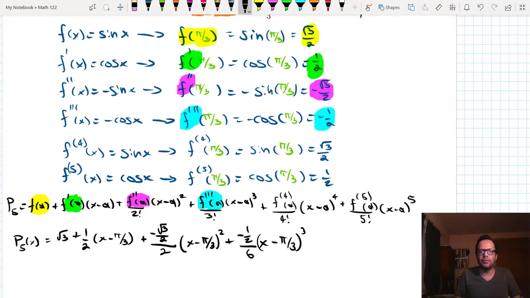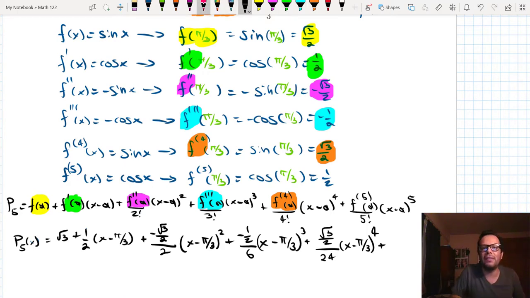Let's go with the 4th-degree term: plus, okay, orange in this case, the 4th derivative evaluated at pi over 3, square root of 3 over 2 again, positive, divided by 4 factorial, which we said was 24, times x minus pi over 3 to the 4th power, plus finally the last derivative in this case.